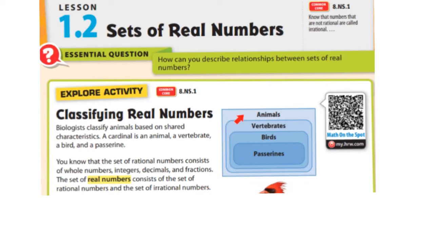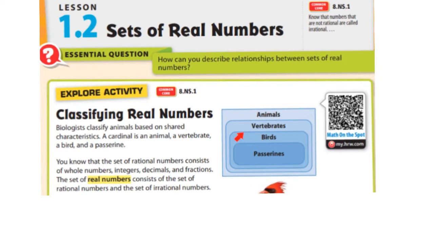So we have animals as the large group. And then animals can divide into vertebrate and invertebrate, but they're vertebrate here. So they can divide into birds, mammals, reptiles, using birds, a subset, and passerine, a type of bird that perches. So passerine is a subset of bird.